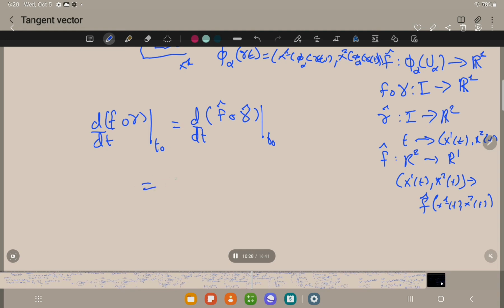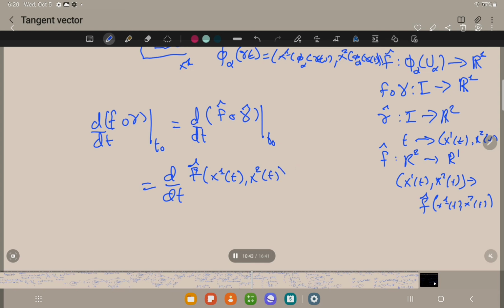All right, so now you could just do the chain rule, d by dt of f hat of gamma hat, and gamma hat is defined to be x1 and x2. So this here is just the chain rule.